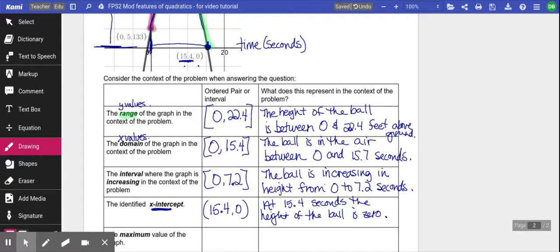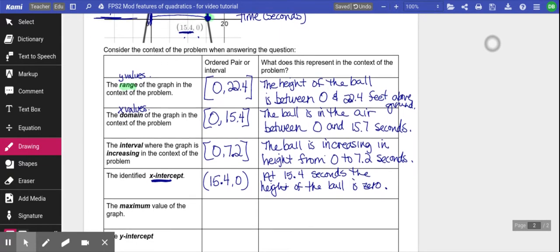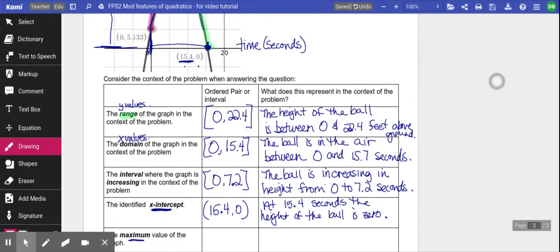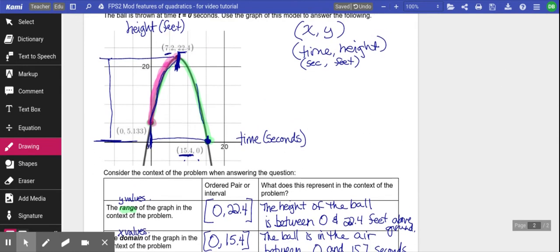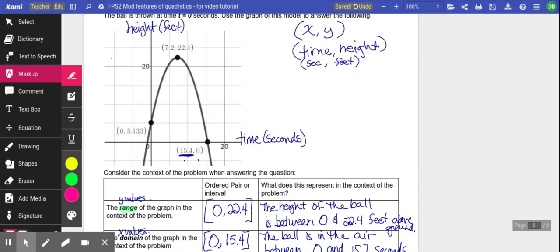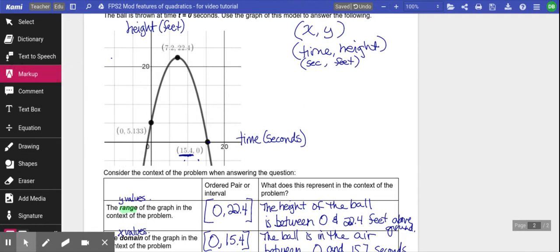All right. The next thing we're looking at is, what is the maximum value of the graph? And for that, we'll go back to looking at, where is that turning point occurring? So I'm just going to erase some of my markings. Bear with me. We had said that the ball is thrown, it's increasing, and then it starts to decrease.